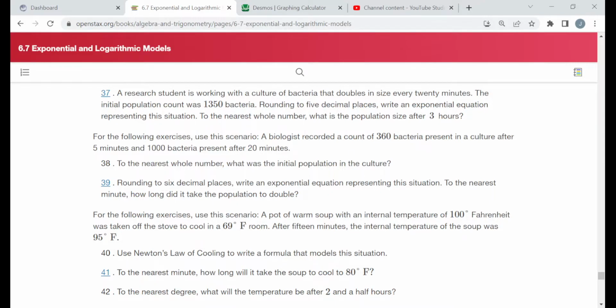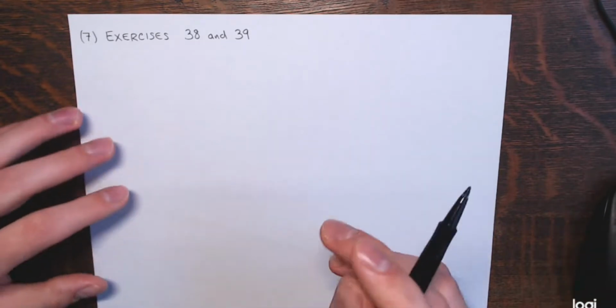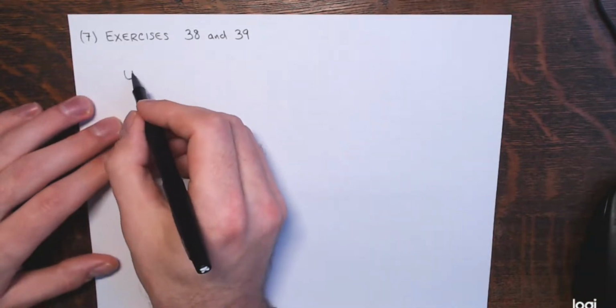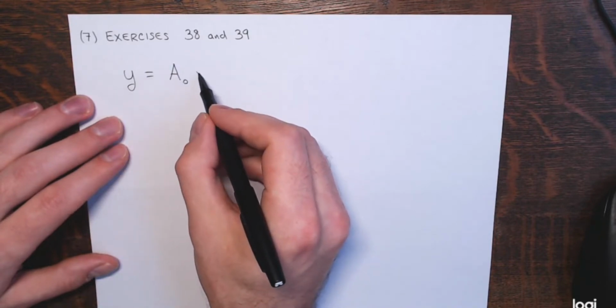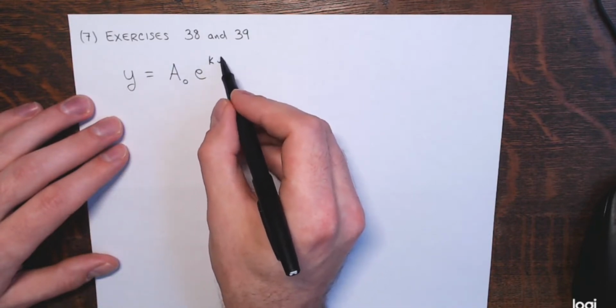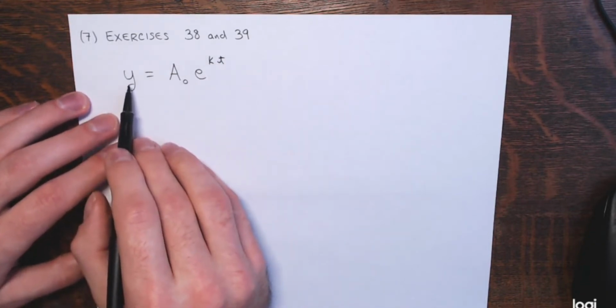But first I want to do a model. All these exponential growth or decay models are the same. y equals some initial amount times e to the kt power, where this time y is the amount of bacteria after t minutes.